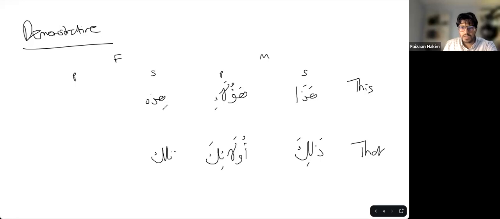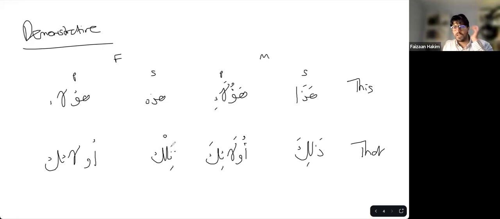So compare هذا, هذه, ذلك, تلك, هؤلاء, أولئك, and thankfully the plural is the same thing for both. Really, there's just 1, 2, 3, 4, 5, 6 to learn. That's the demonstratives. Again, really, really common. This and that, I mean, it comes almost everywhere. You also have a dual person, but we won't go into that now.